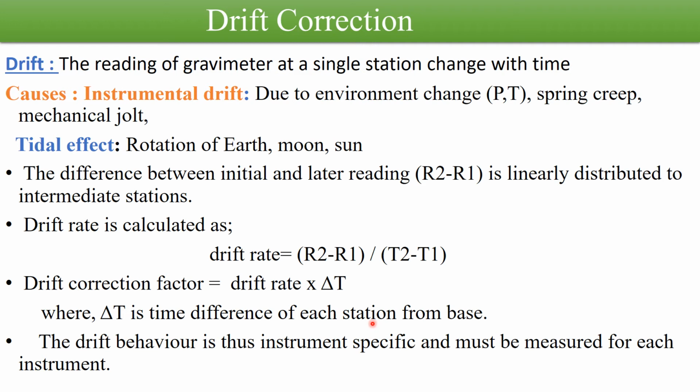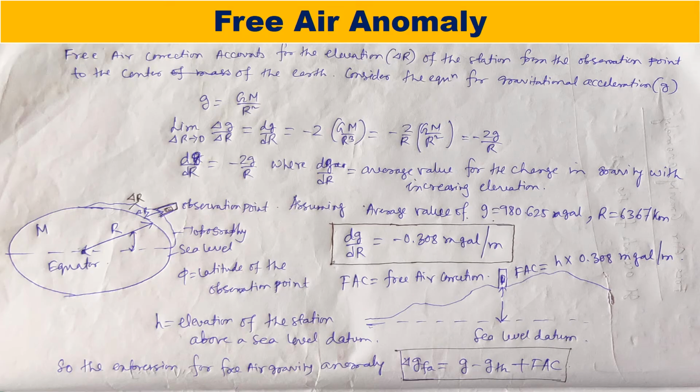To compensate for this effect, we have to reoccupy the base many times. The drift behavior is specific to a single instrument and must be measured for that particular instrument. All instruments do not carry the same drift.